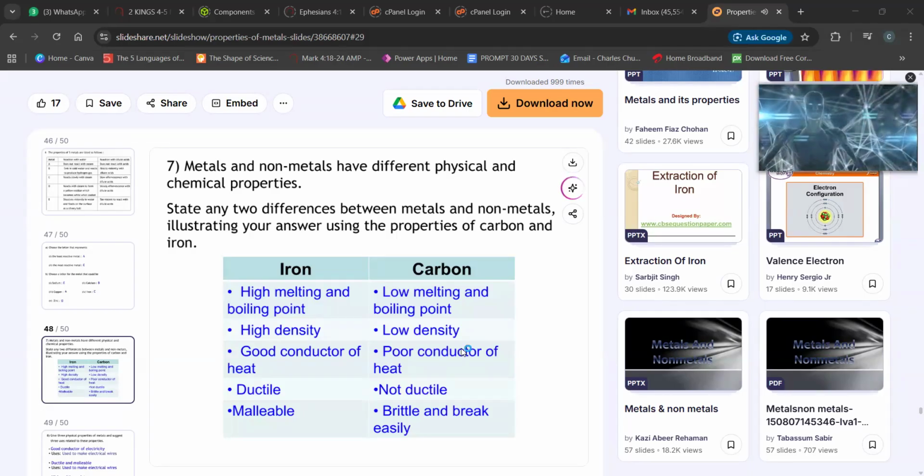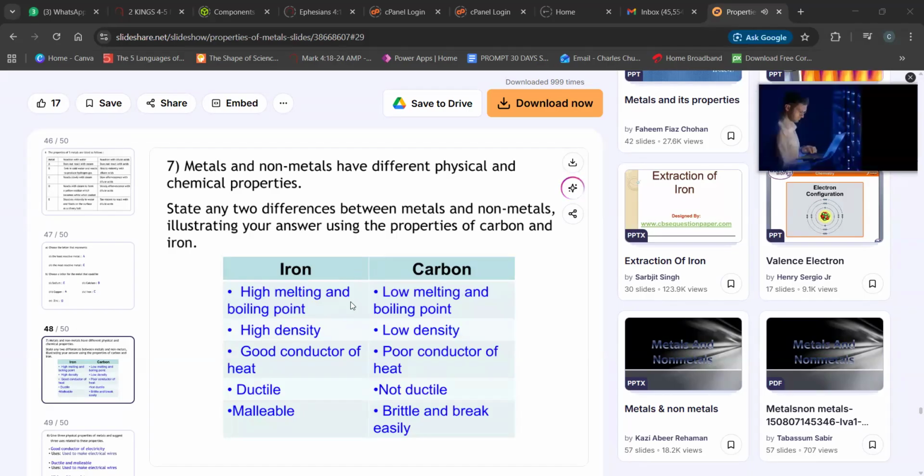Carbon is a non-metal, so this is contrasting a metal and a non-metal. Metals have a high melting point and high boiling point, while carbon has low melting point and low boiling point.